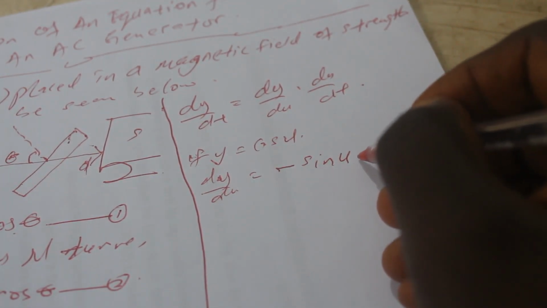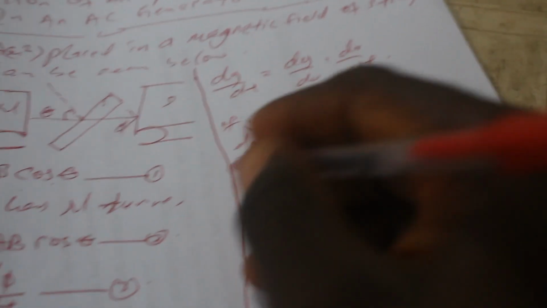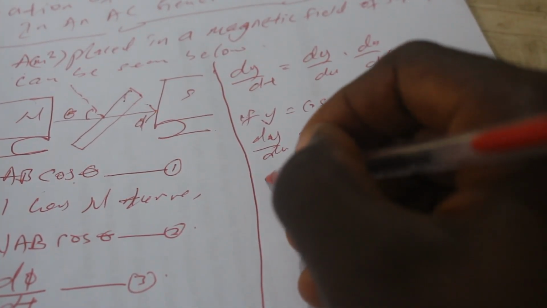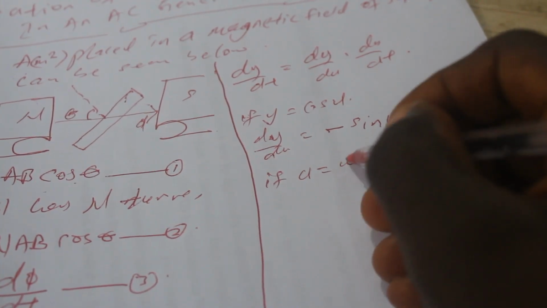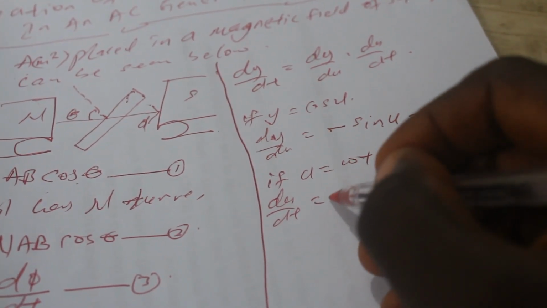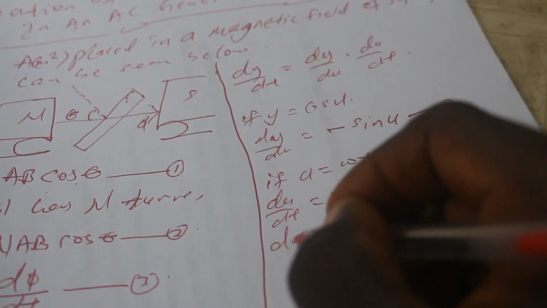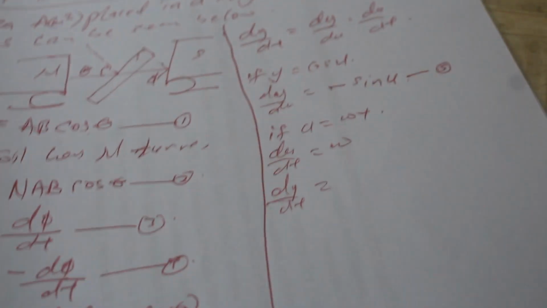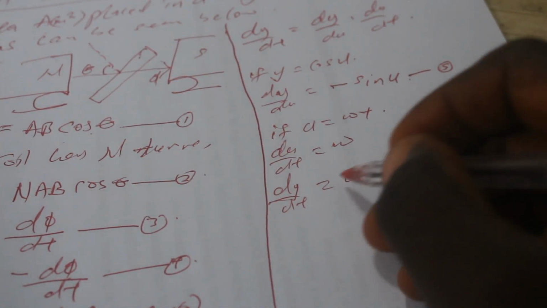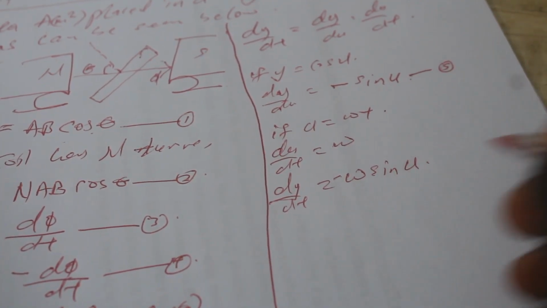We'll keep this one aside for a while. Let's call this equation 5. Also, if u is equal to omega t, it means that du/dt is omega. So that means dy/dt will now become omega times minus sine u, which is minus omega sine u.